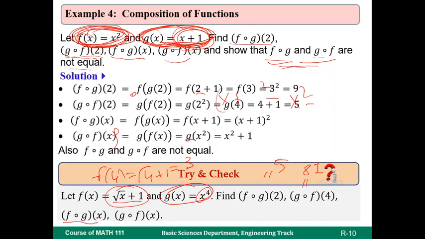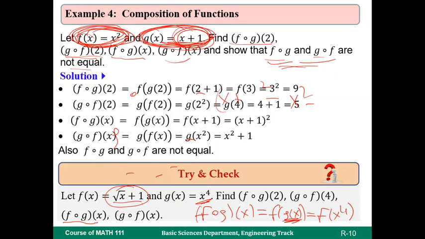Then f of g of x, so you have to write f of g of x here. What is g of x? Write the formula, x to the 4th. So what is f of x to the 4th? I want to show you this one clearly.